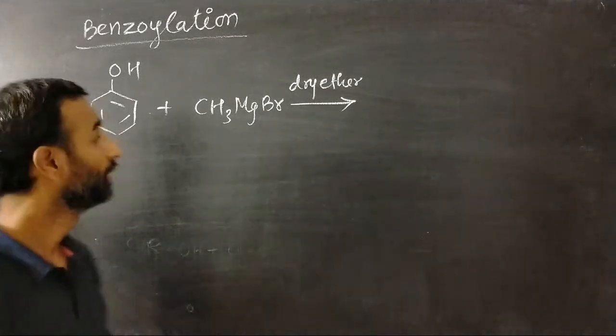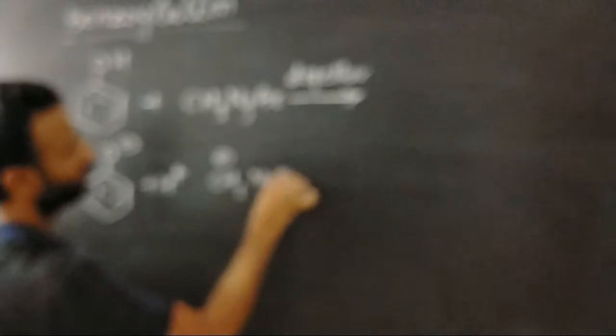Say, in this case, phenol gives phenoxide ion and H plus ion. This one will give CH3 negative and MgBr positive.